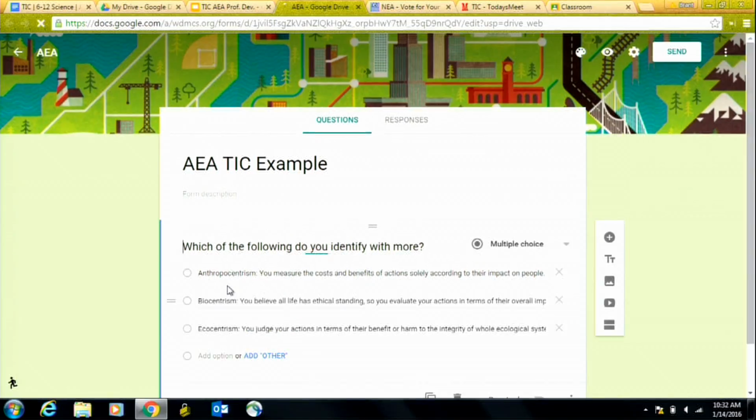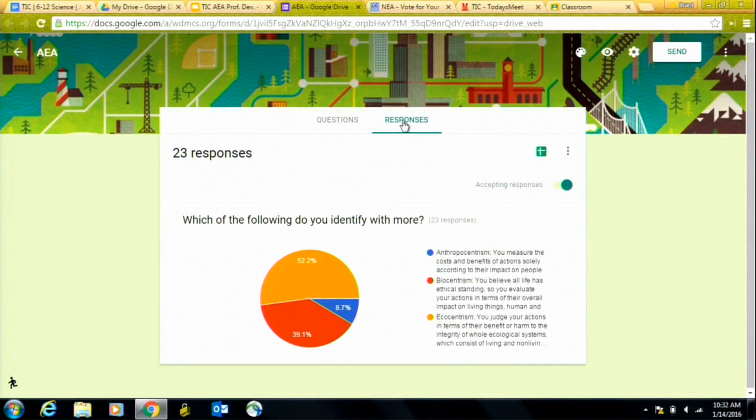So there's the form, and then because I have created this, I can go in when they're done and very quickly get representation of how they are responding. Now, in this case, I could use this at the beginning of a unit where I'm just trying to figure out where do people stand on this issue.